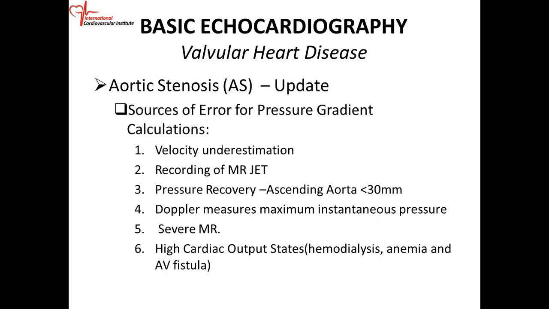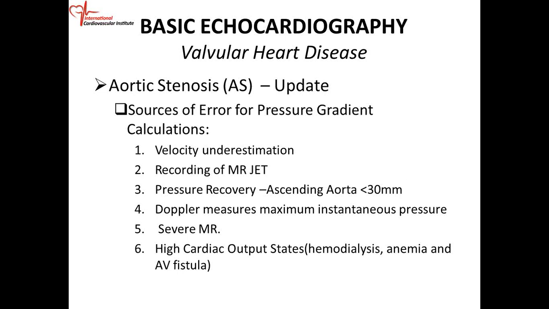So, some of the sources of error for pressure gradient calculation. We use the mean gradient across the aortic valve to determine severity. We said a mean gradient greater than 40 millimeters of mercury suggests severe AS. But remember, gradient is dependent on the velocity, and the velocity is dependent on the flow.